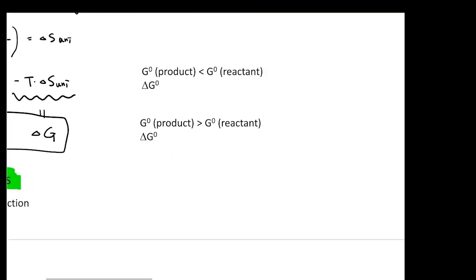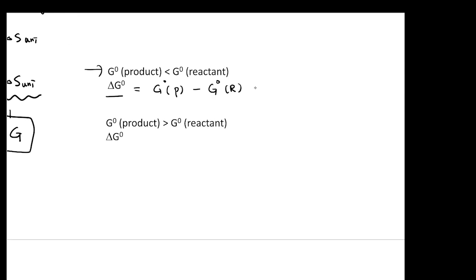So if, for a chemical reaction, you are given the G naught of your reactants and products, then you can calculate your delta G naught, which is your G naught product minus your G naught reactant. Then this is going to become negative, right? So the condition here is that your G naught product is smaller than your G naught reactant. Delta G naught means the free energy difference between your product and reactant.